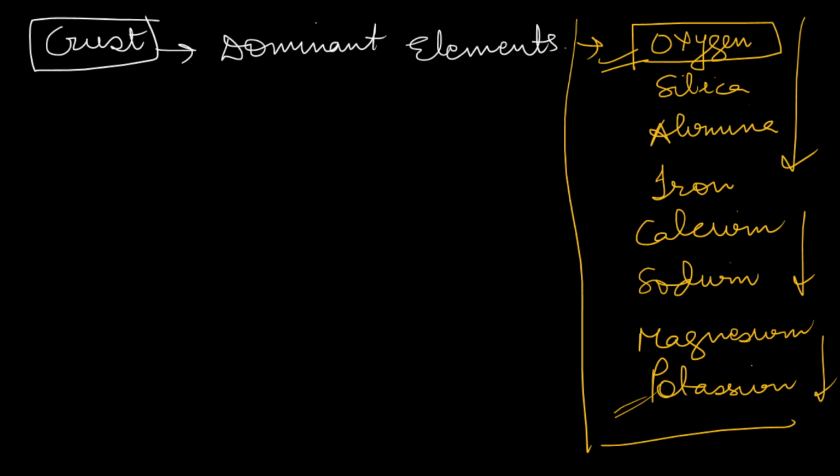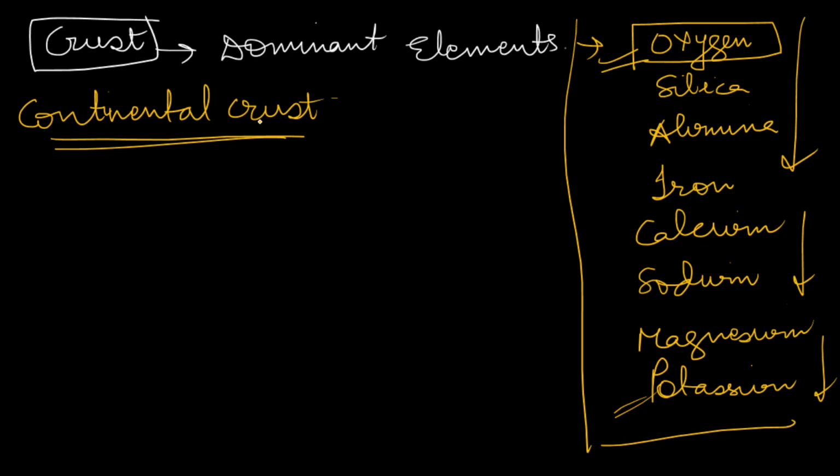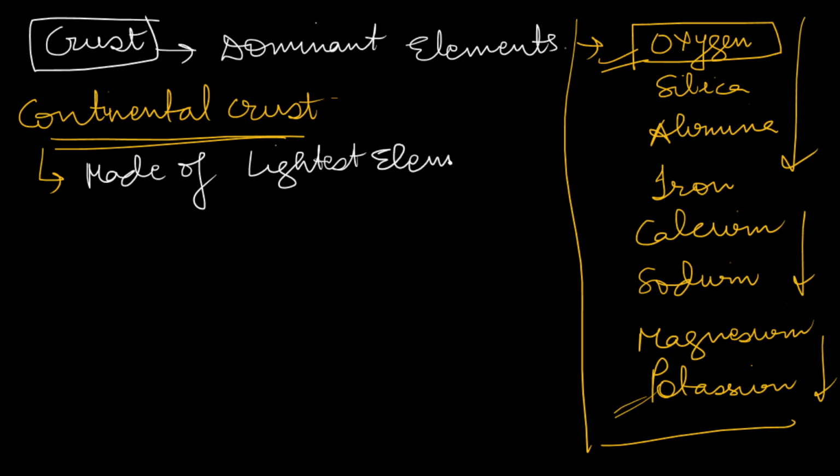Now, crust is also divided into two types, that is continental crust and oceanic crust, as we have discussed. So, first of all, we will see about continental crust. What are the features of continental crust? These are made up of the lightest elements of Earth.